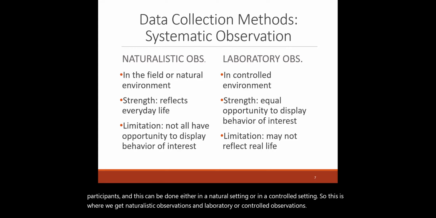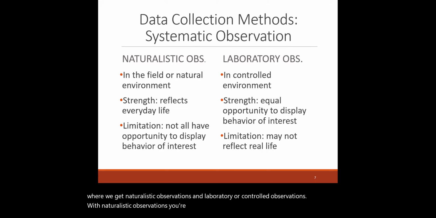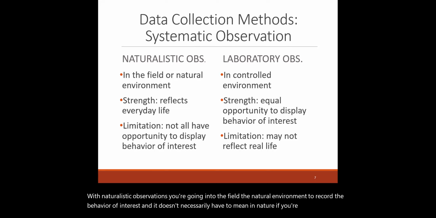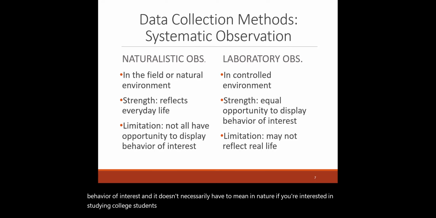With naturalistic observations, you're going into the field, the natural environment, to record the behavior of interest. And it doesn't necessarily have to mean in like nature. If you're interested in studying college students, say, the natural environment might very well be a classroom. So again, just a natural environment.